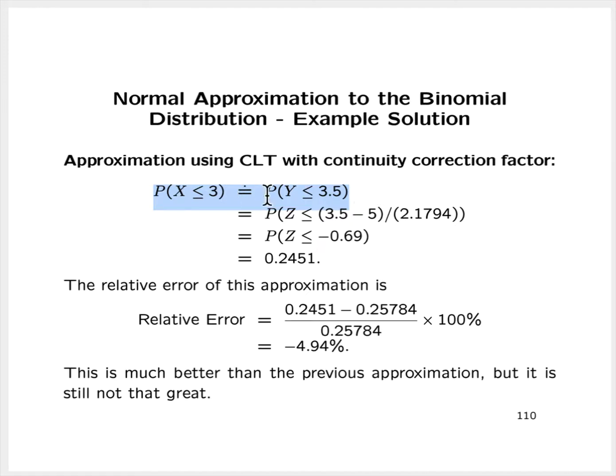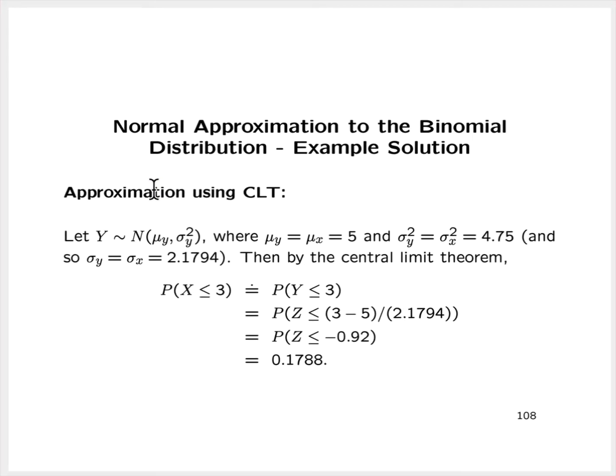And the reason that this causes a problem is that, let me back up a second here, by approximating the probability that x is less than or equal to 3 using the probability that y, this normal random variable, is less than or equal to 3, we are excluding half of the rectangle of the binomial distribution that is centered over 3.